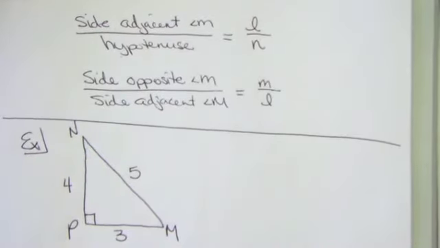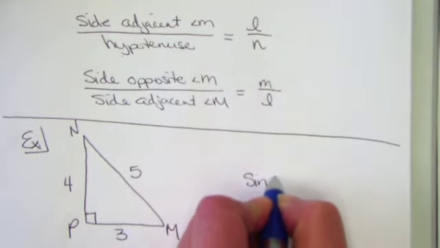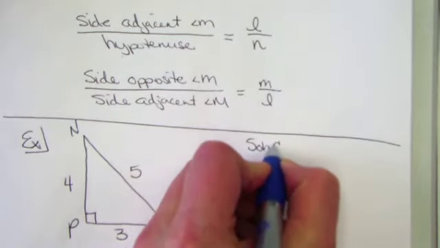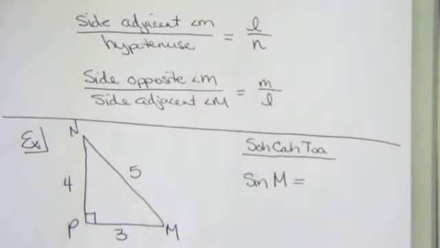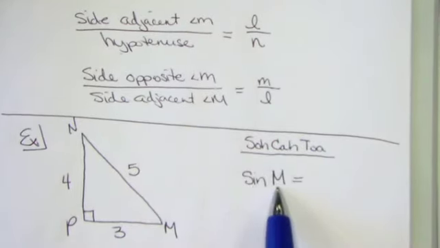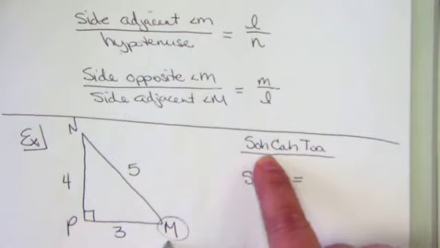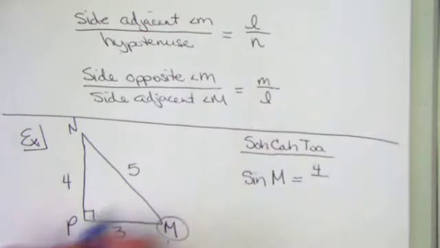Looking at this triangle, if I want to find the sine of angle M. Now, in order to do this, I need to refer back to my ratios, which is SOHCAHTOA. Sine of angle M, I go to my angle. I know that the sine is the opposite over the hypotenuse. Opposite of M is 4, hypotenuse 5.